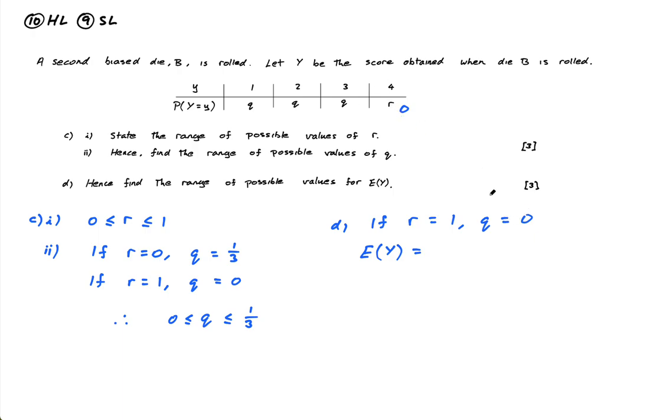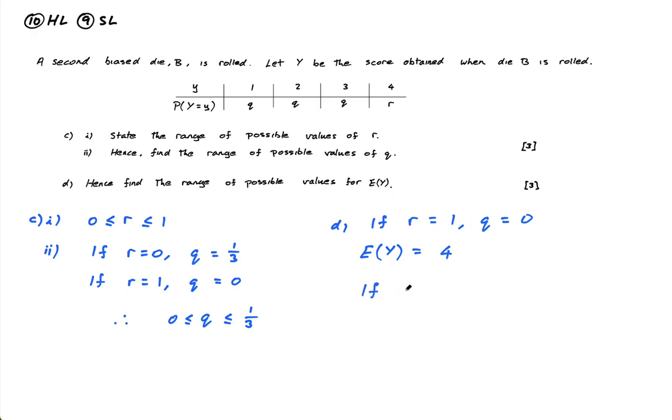But if Q is 0, we have 0, 0, 0, 1, then the expected value of Y is 1 times 0 plus 2 times 0 plus 3 times 0 plus 4 times 1, which is just 4. So the expected value of Y is 4.